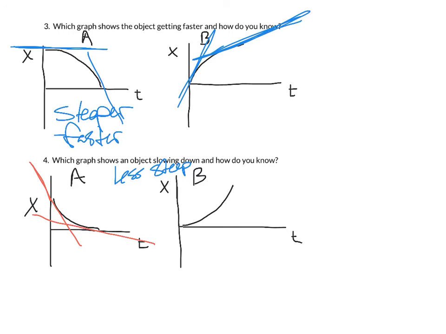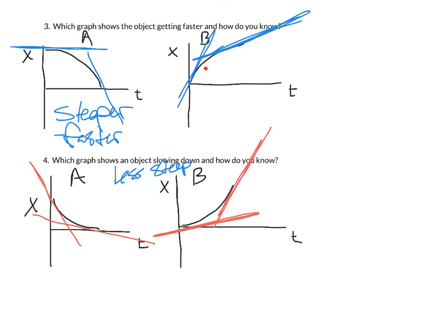The other one, just to check and verify. That's about how steep the curve is at the beginning. That's about how steep the curve is at the end. So this is way steeper than this one. That means this one's getting steeper. Getting steeper means getting faster. So this one was getting faster.